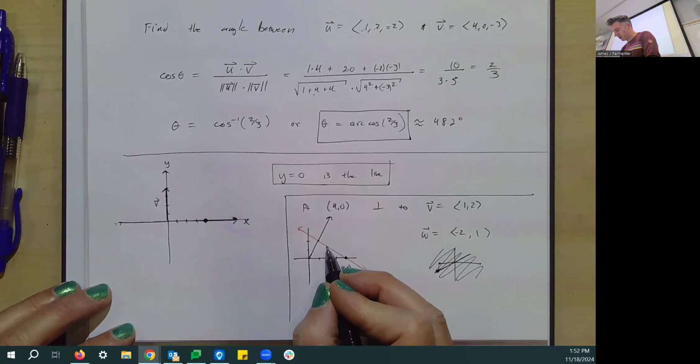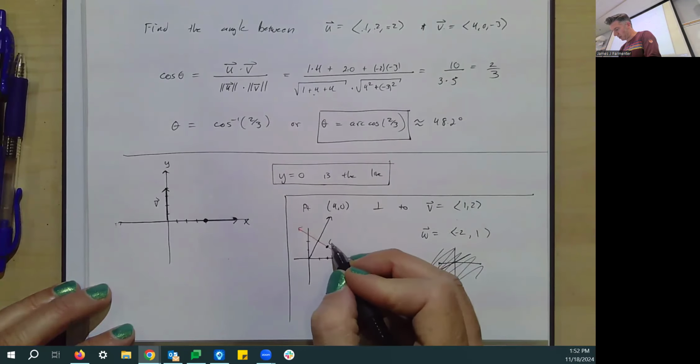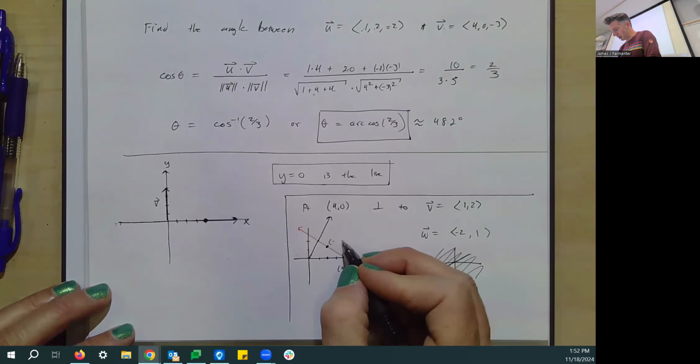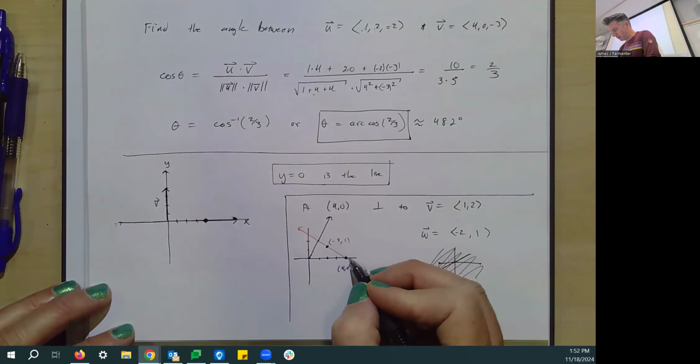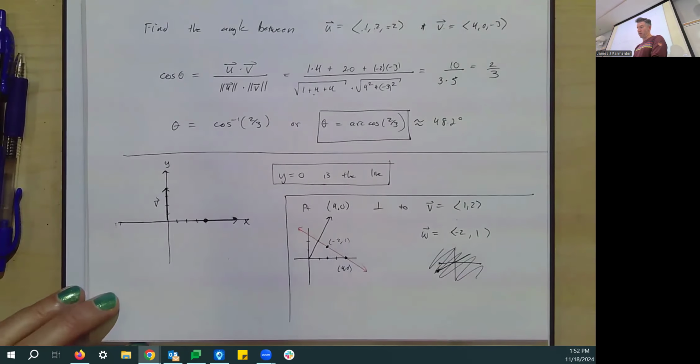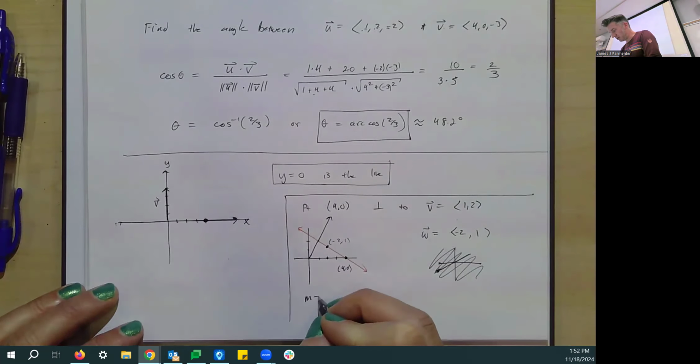Left 2, up 1. So the slope between these 2 points, from -2, 1 and 4, 0, is, well, over 2 and down 1. So the rise over run is 1 over -2, or -1 over +2. Right? My slope here is -1/2.